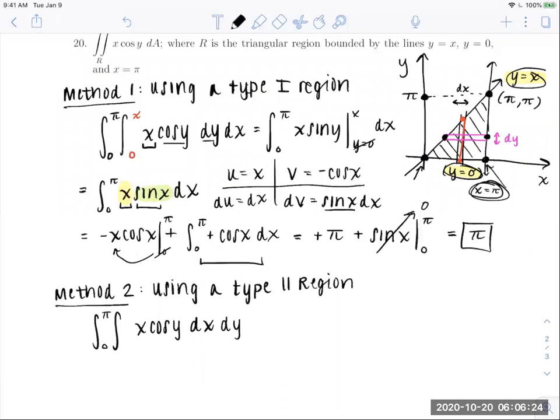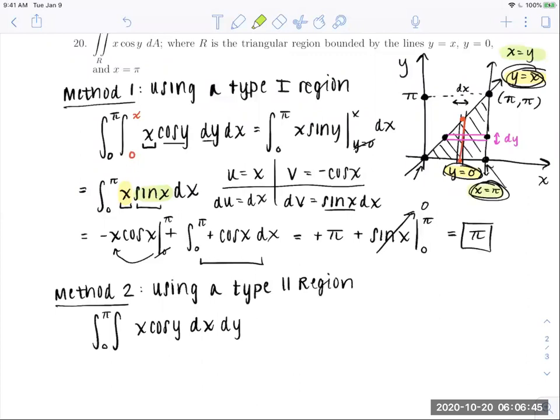On the left side of my strip, I have the line y equals x, which again seems silly, but I'm going to write it as x equals y. So let me highlight those two. I have x equals y and x equals pi governing my rightmost and leftmost boundary lines.